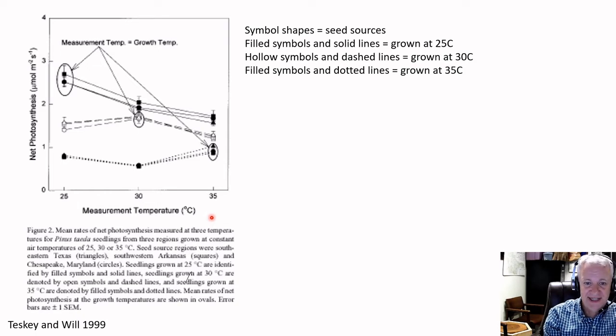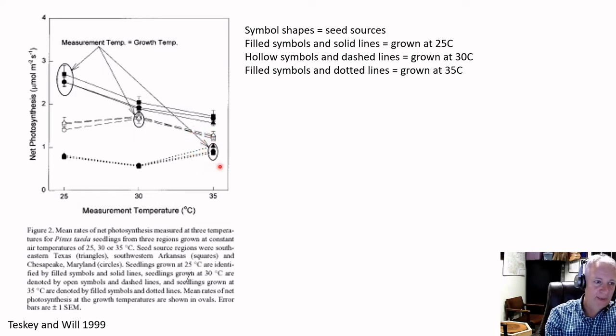So we see an interesting thing happening here. Plants that were grown under 25 degrees Celsius, but then measured at 25, 30, or 35, show the highest net photosynthesis rate at their growth temperature, at 25 degrees Celsius. Plants that were grown under 30 degrees Celsius regime have the highest net photosynthesis rate at 30 degrees C. When you measure them at 25 or 35, the net photosynthesis rate is lower.